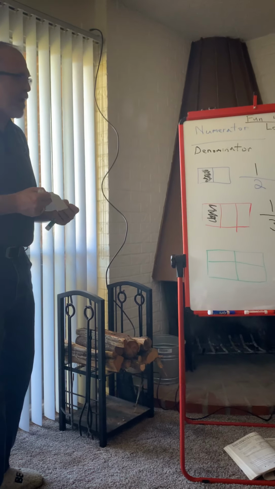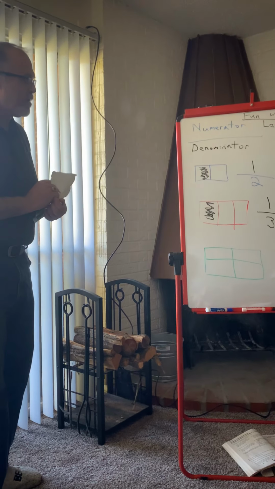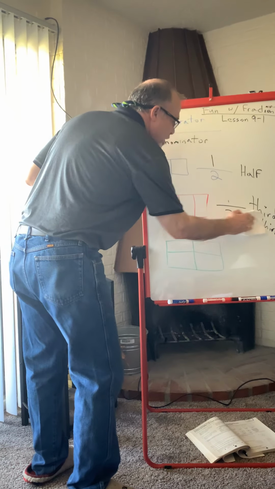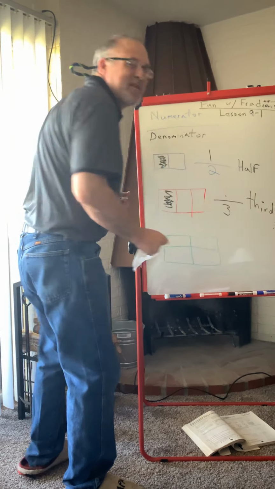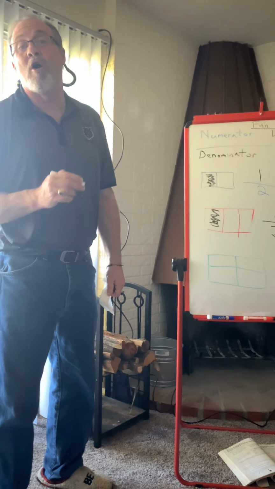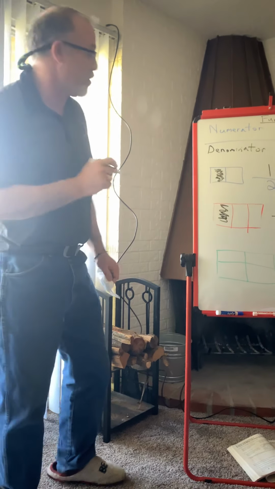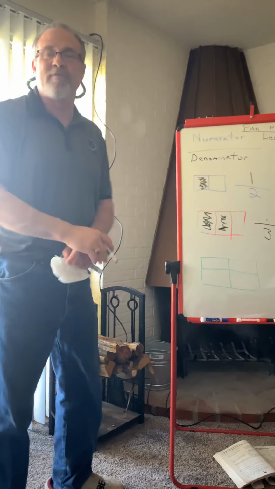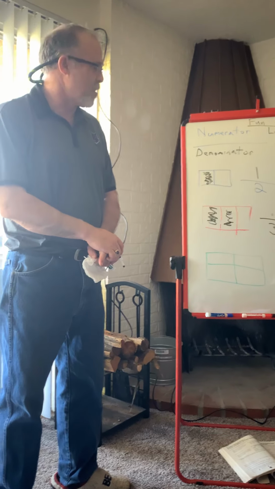So now I'm going to erase this part here and this part here, because I know what some of you are thinking. What if I decide that 2 of them are shaded? How many do I have?